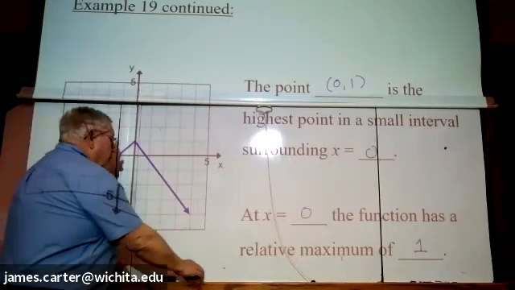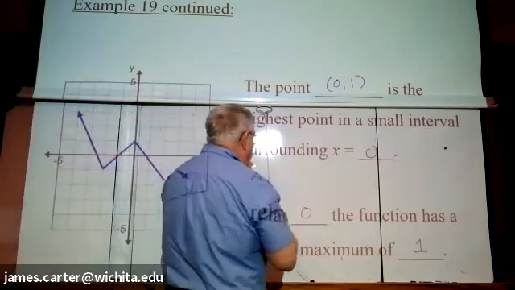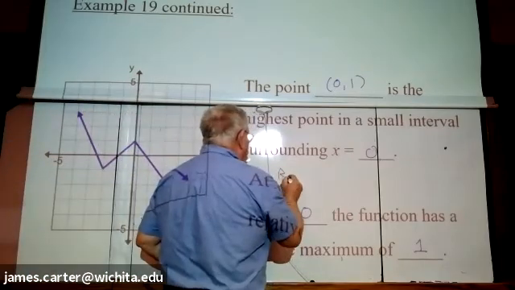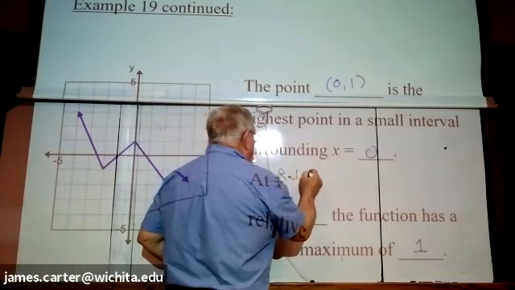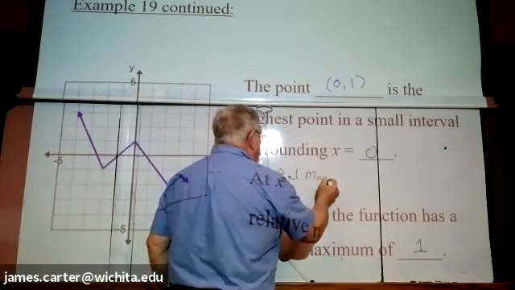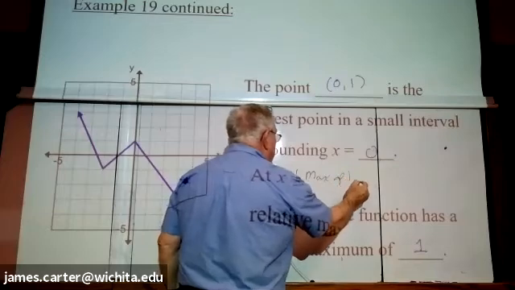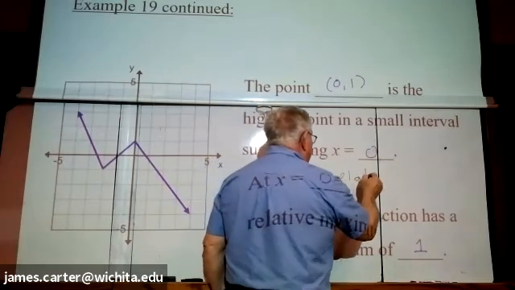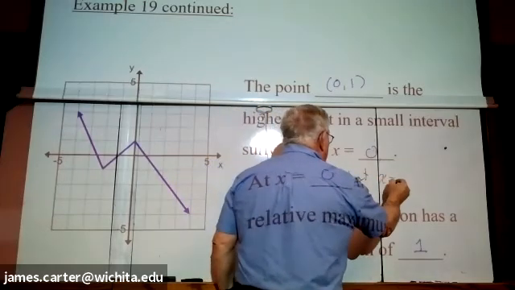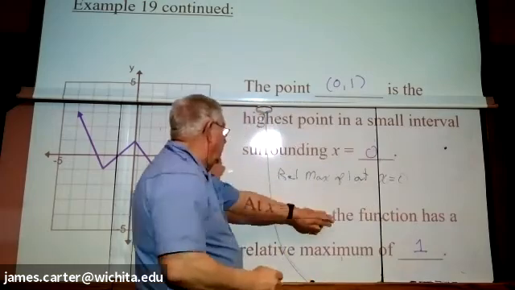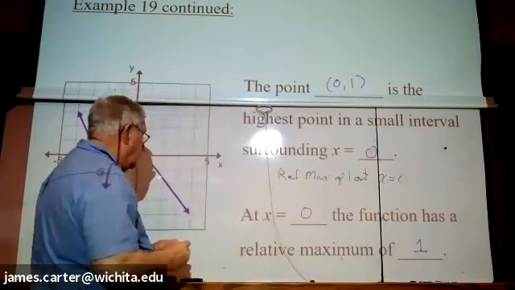Okay, this statement is basically the way I told you, a relative max of 1 at x equals 0. This statement and this statement are saying the same thing.